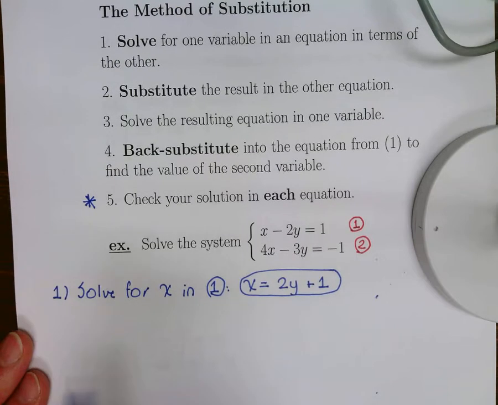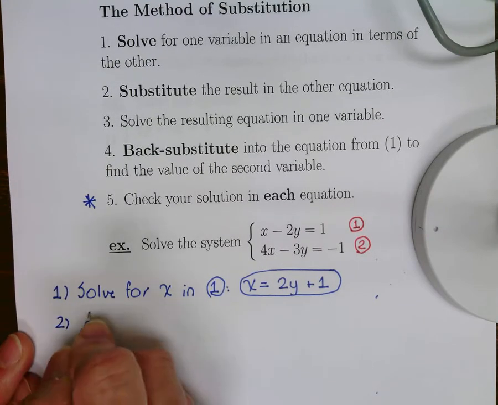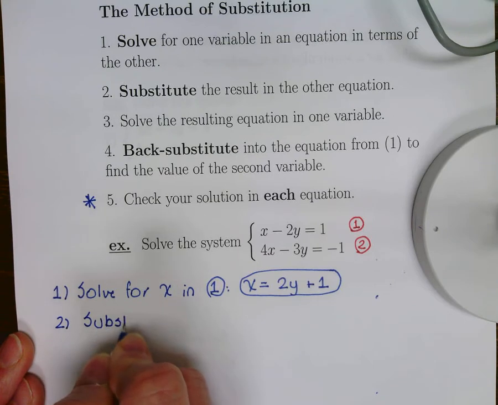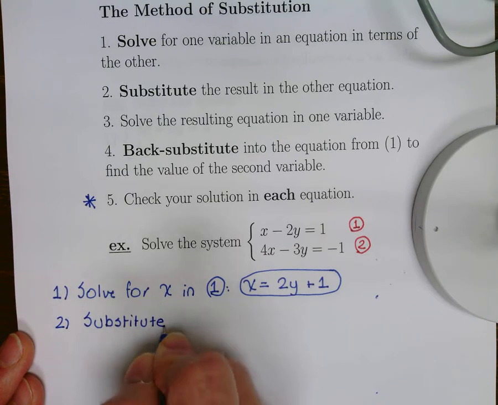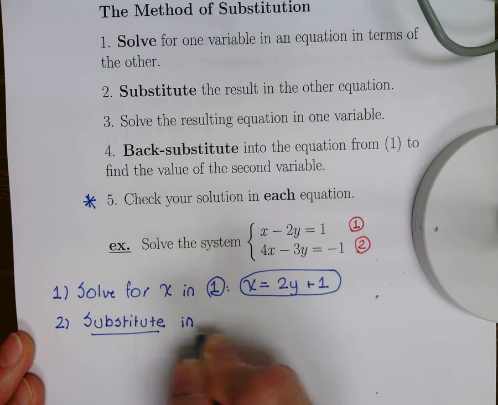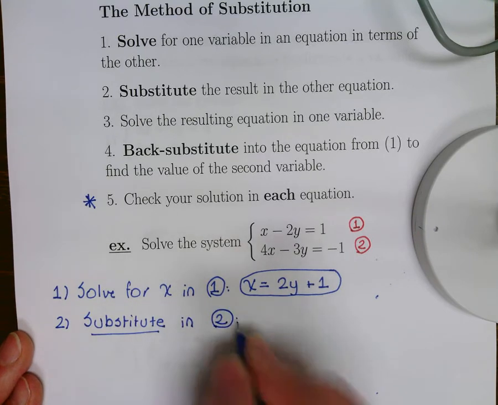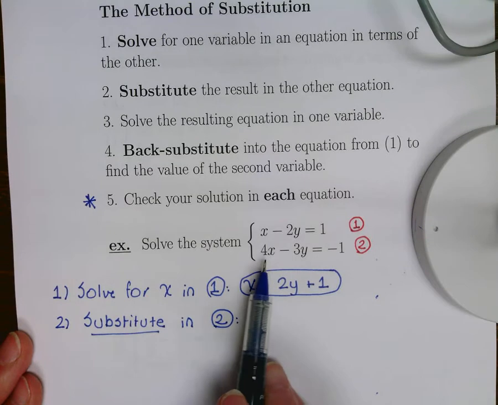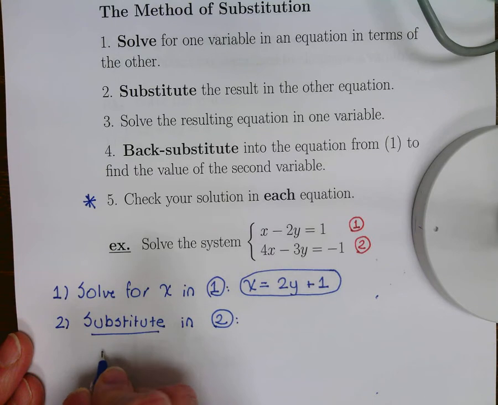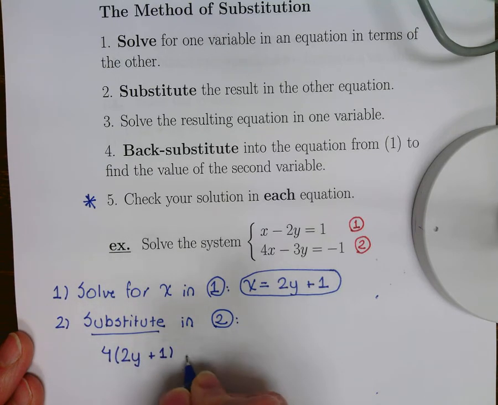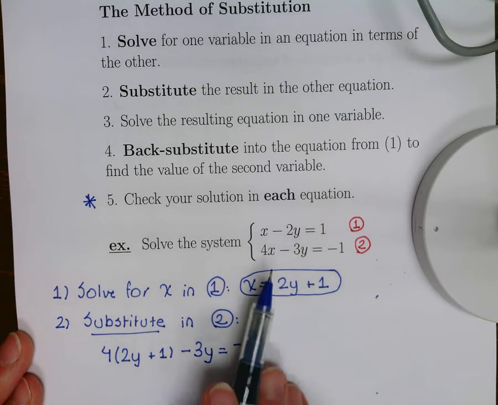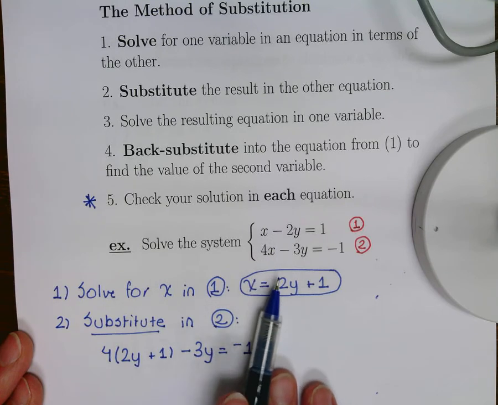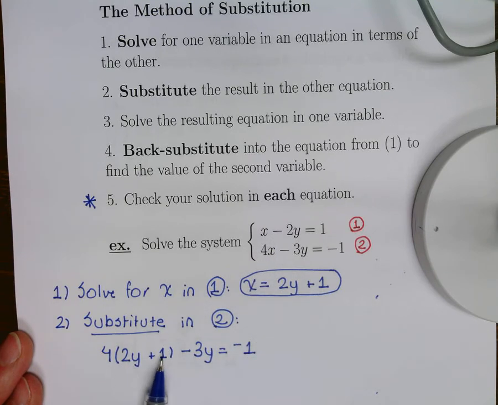Okay. Second step, we will take that equation, and here's the substitute part, is to substitute into 2. Okay, here's my second equation, and I simply replace x with its value. Is that clear? I simply took this equation and replaced x with 2y plus 1.